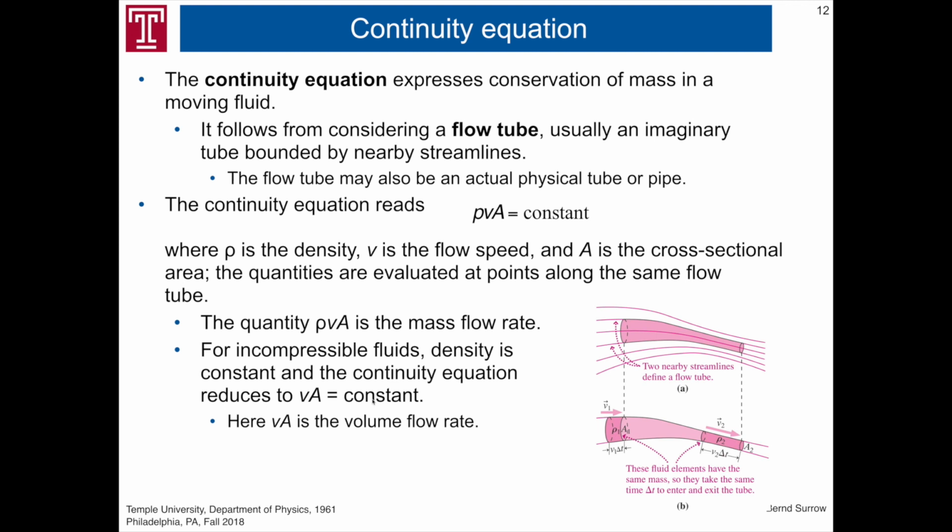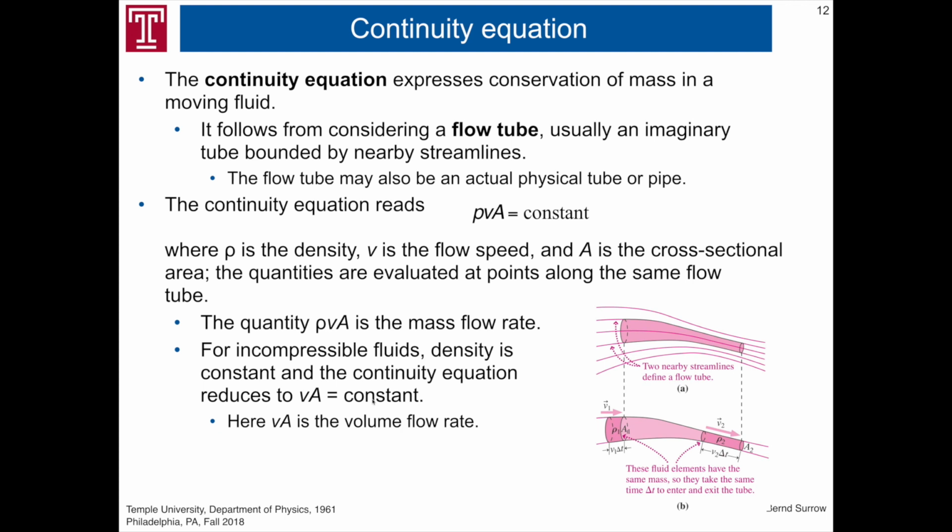Imagine you look at the flow of water in a river, and you're looking at the cross-section of that river. And one time that river is very wide. Okay, so the area is very, very large. V times A is a constant.